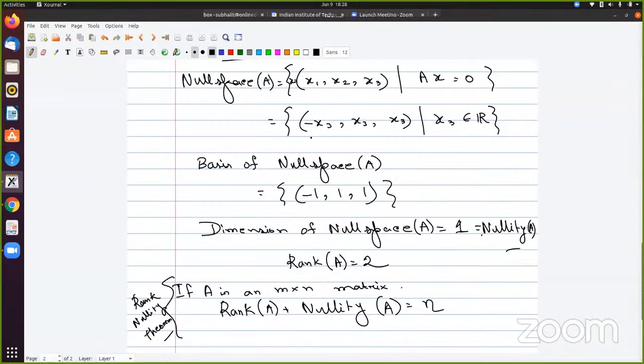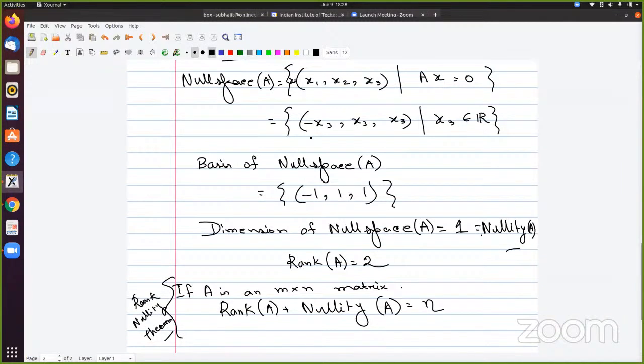But whenever a set contains a 0 vector, is that a linearly independent set? No. So it will not form a basis. But we need a basis, that means we need something which is linearly independent. So that's why we cannot put 0 here.